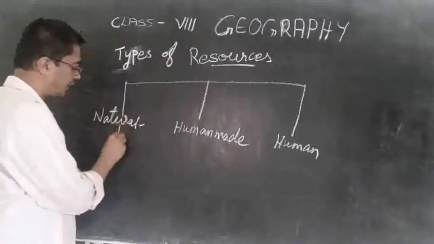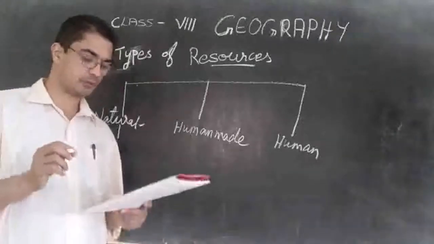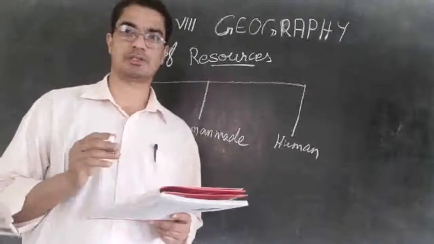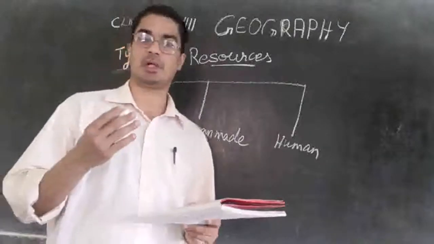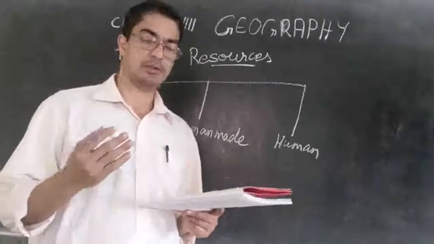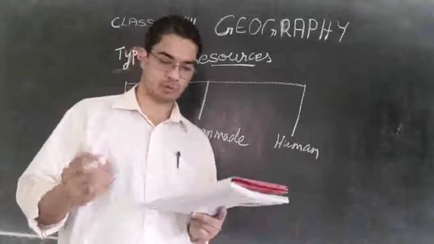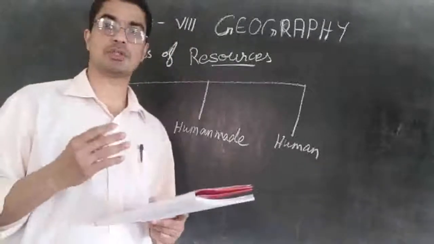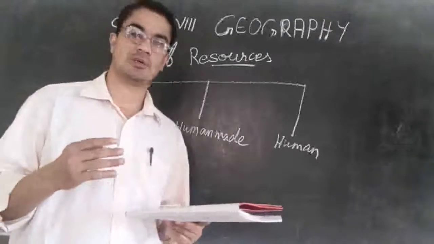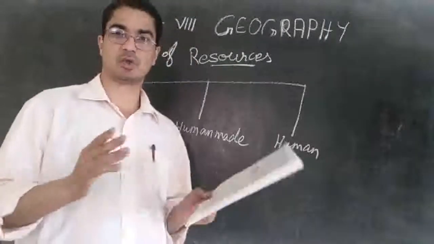Now this can be divided again into so many groups based on the level of development, how it is developing, at what level it is developing. Then based on how we use them, we can divide them into different groups. Or based on the origin, how these resources are originating, we can divide them into different groups. Or based on the stock, means stocking up.